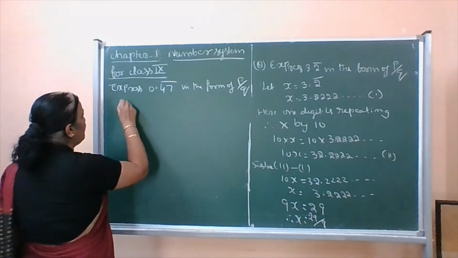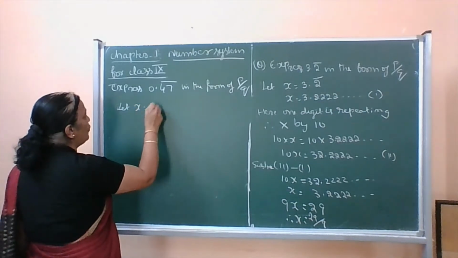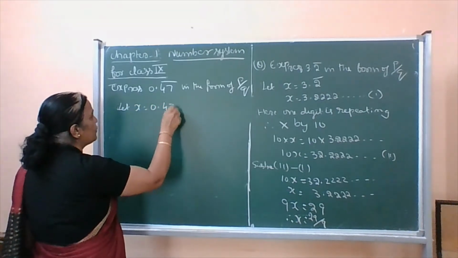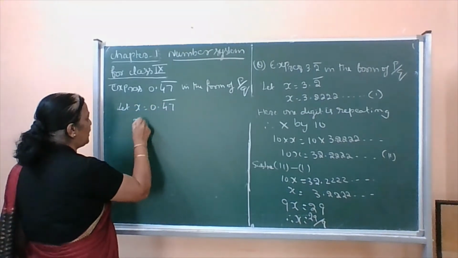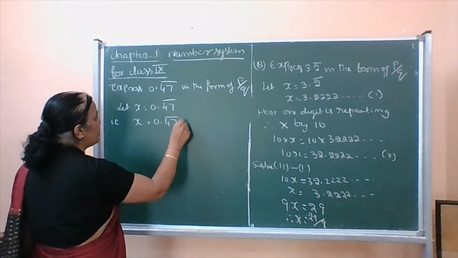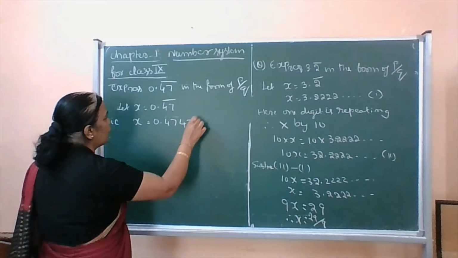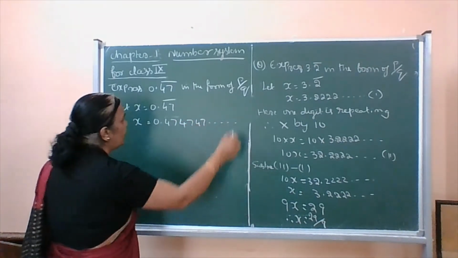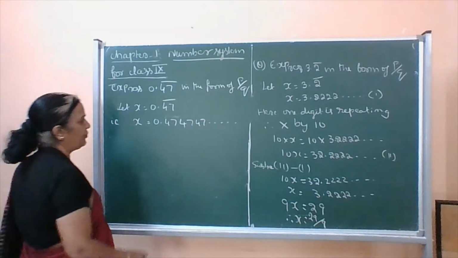Now let x is equal to 0.47 repeating, that is x is equal to 0.4747 etc. This is repeating.